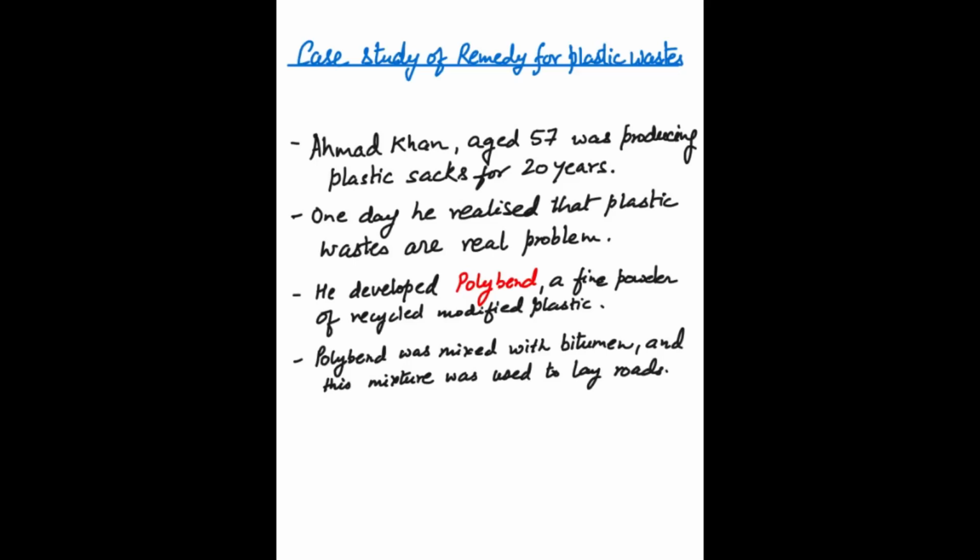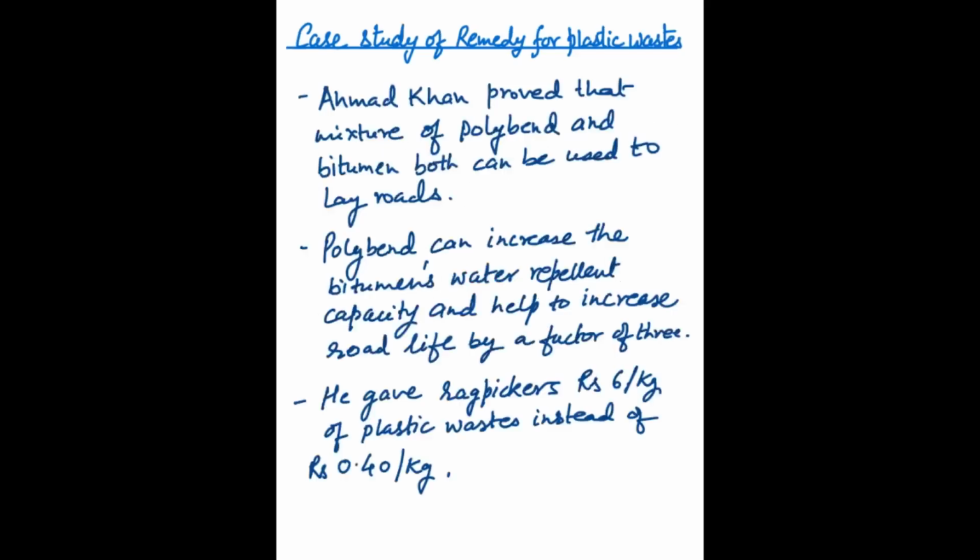So in this case study, Ahmed Khan proved that a mixture of polyblend and bitumen can be used for making roads. And polyblend can increase the bitumen's water repellent capacity, and it helps to increase road life by a factor of 3, which is actually very good.